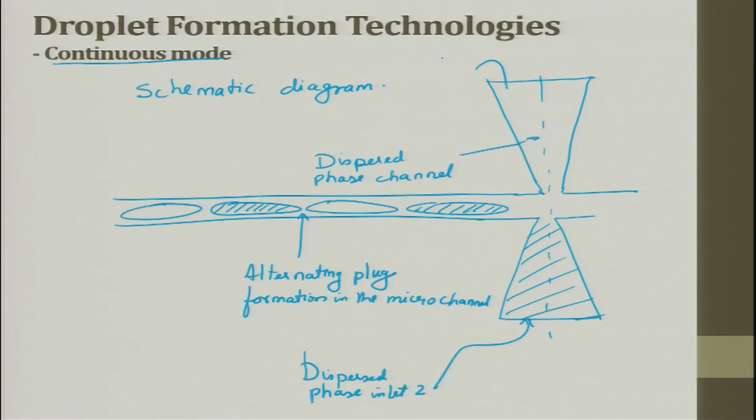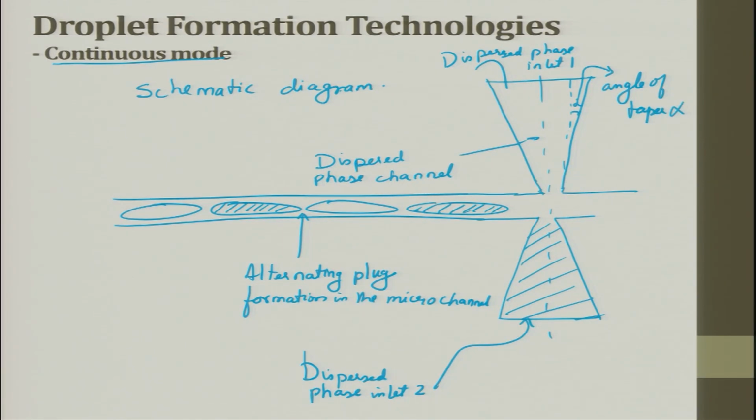This will be dispersed phase inlet 1, and if I try to draw a line, this angle theta is the angle of taper alpha.